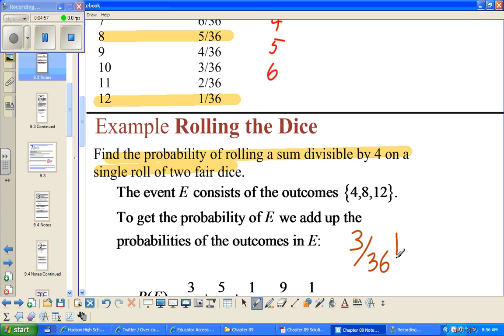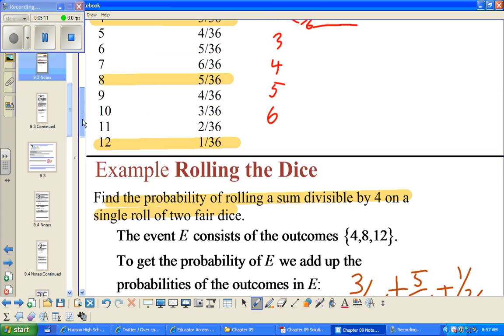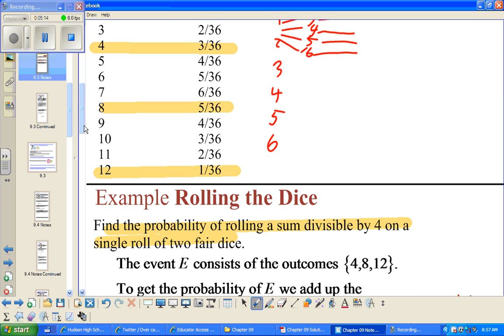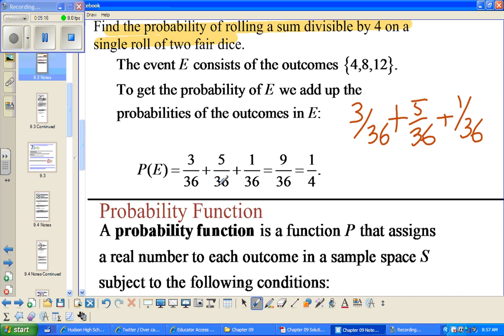The probability of rolling an 8 is 5 out of 36. And the probability of rolling a 12 is 1 out of 36. So you can see why I didn't reduce all the fractions up here. It just makes it easier to combine them at this time. Add those three up, and you get 1/4 as your probability.